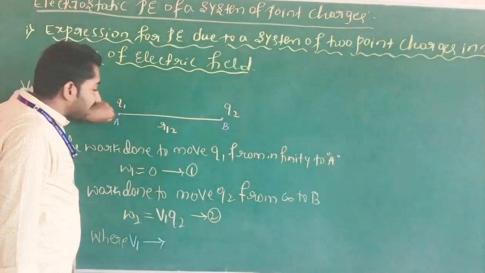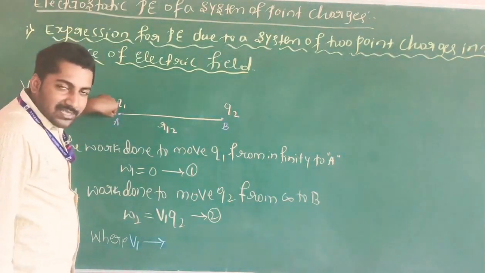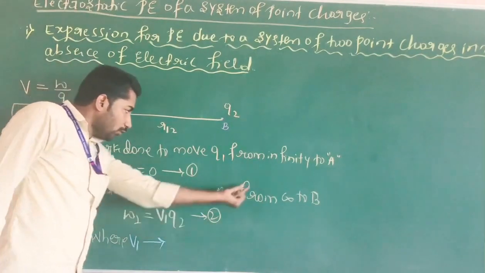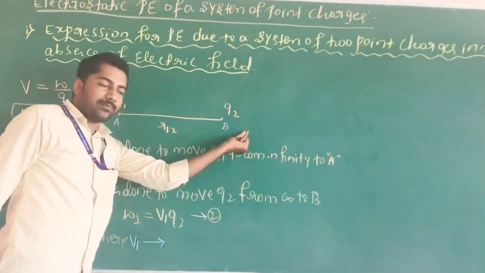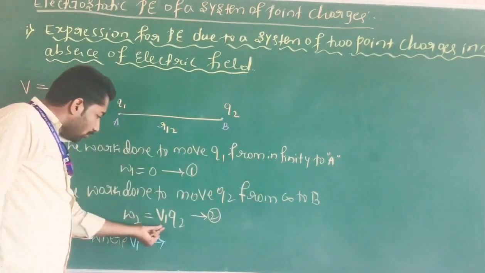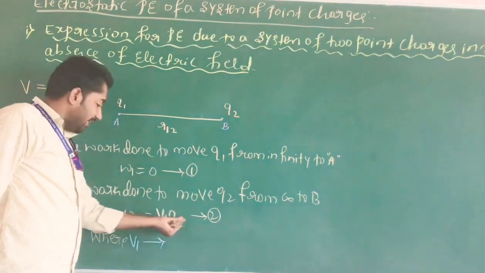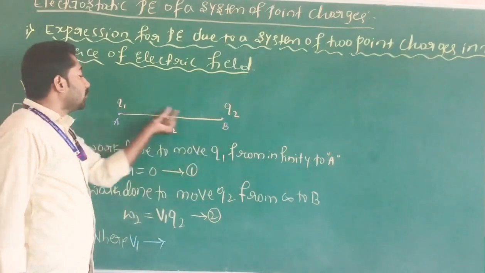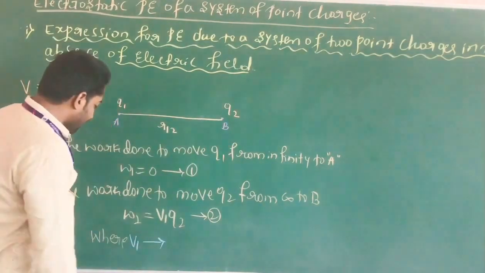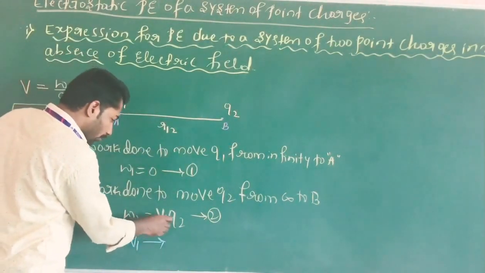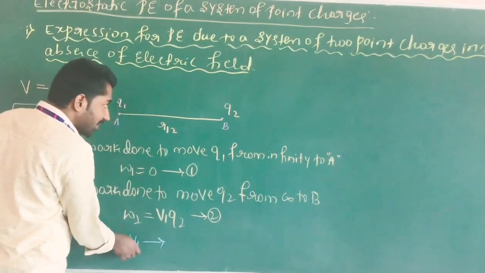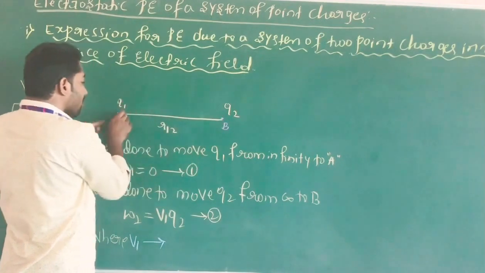Here, the work done to move Q2 from infinity to point B, that is W2, is equal to V1 into Q2, where V1 is the electric potential at point B due to the charge Q1.